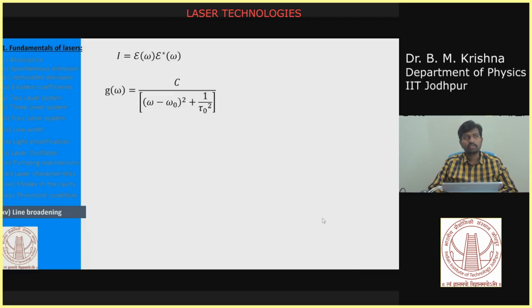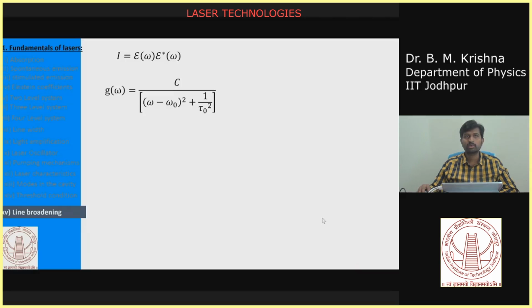Then you will get your g of omega. So your line shape function is a constant divided by omega minus omega naught whole square plus 1 by tau naught whole square.